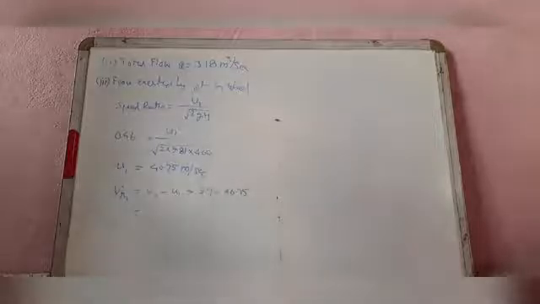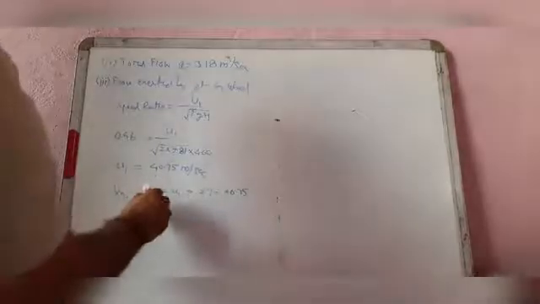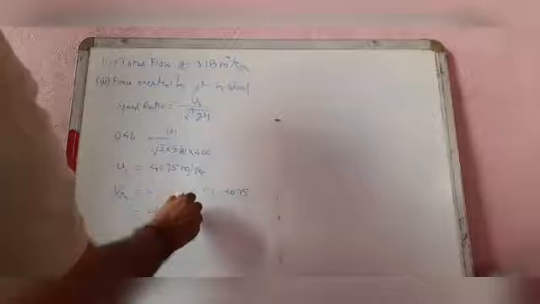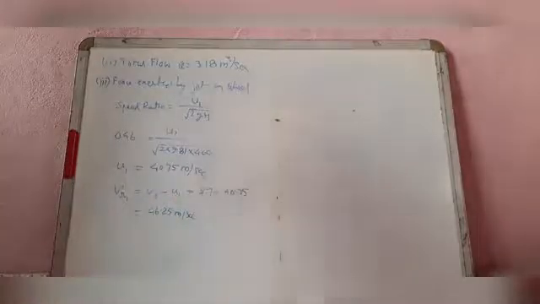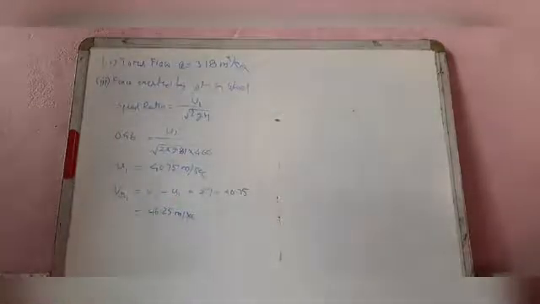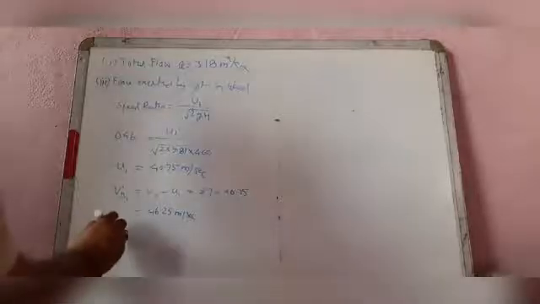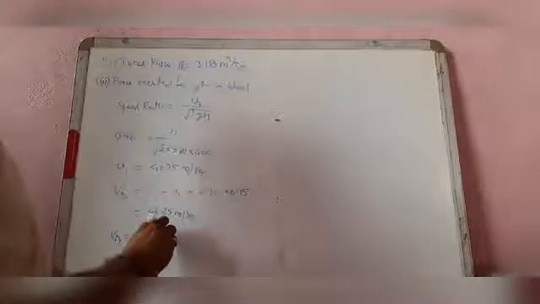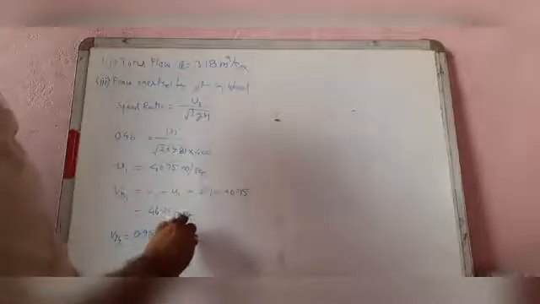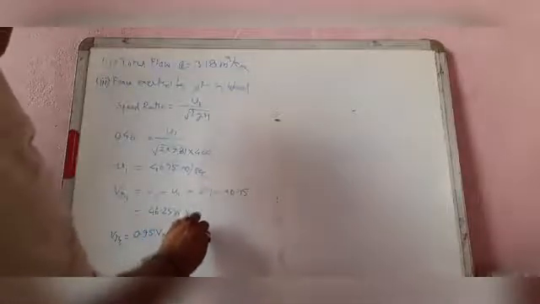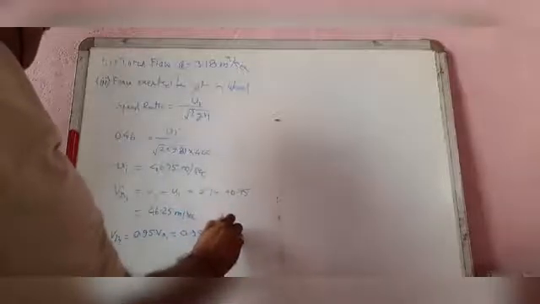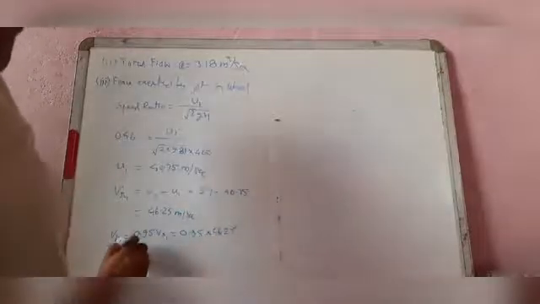So this comes 46.25 meter per second, and VR2 equal to 0.95 VR1, putting the values here, 0.95 into 46.25.